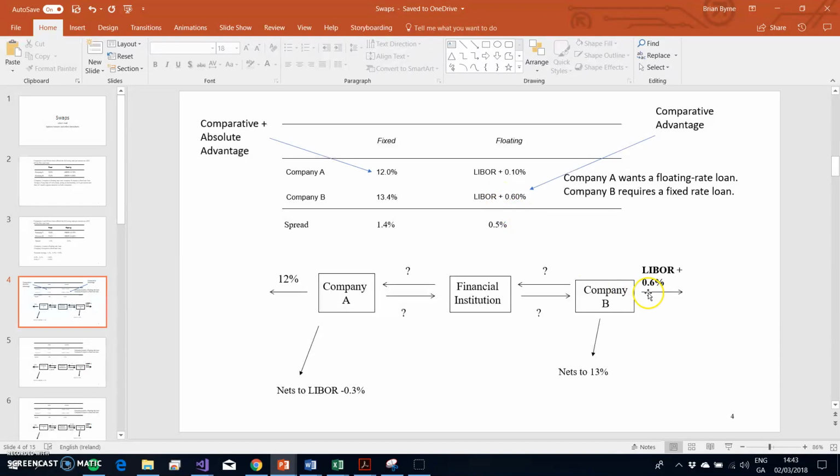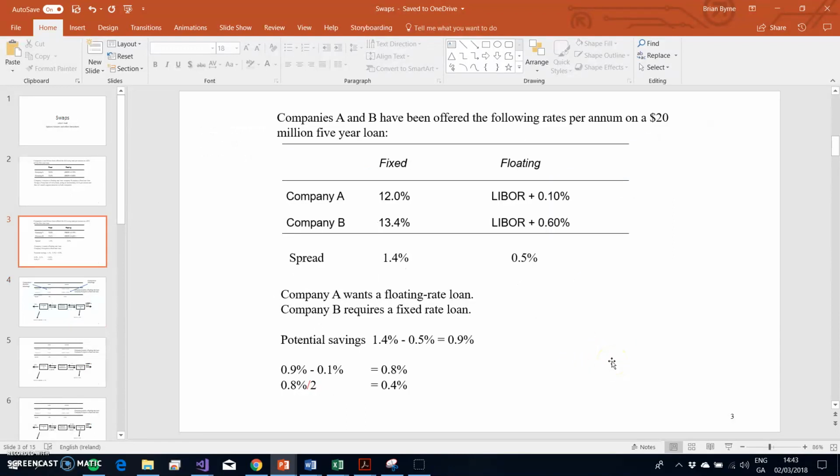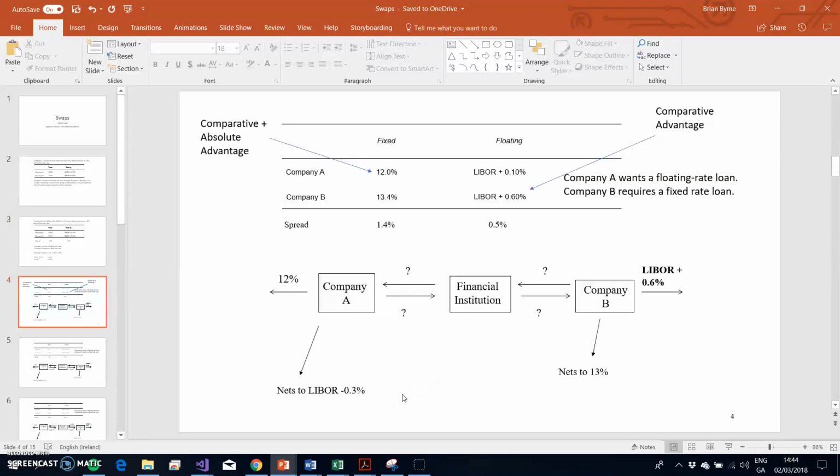Okay? And then if we were to give both counterparties a gain of 0.4%, B's net position should end up being 13.4 minus that 0.4%. We should be able to structure the swap so that the overall borrowing cost to B would be 13%.